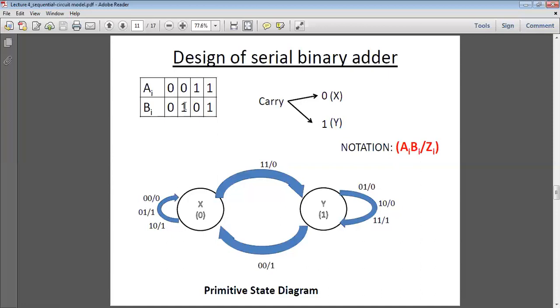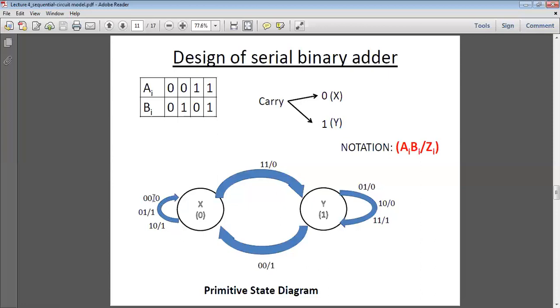If you consider 0 1, 0 plus 1 is 1, plus carry 0, so the output is 1, and there is no carry generated. For 1 0, 1 plus 0 is 1 plus carry 0, so the result is 1 and the carry is again 0.